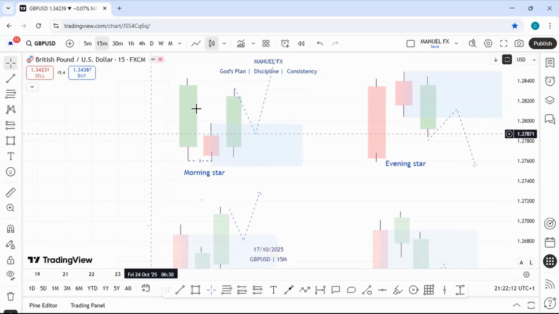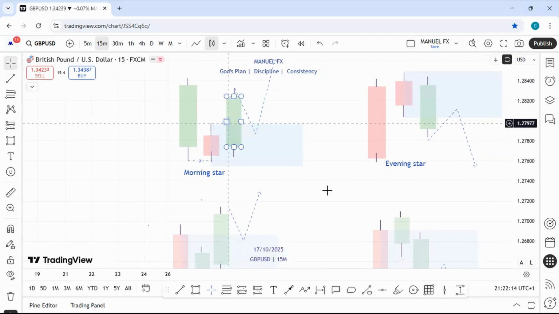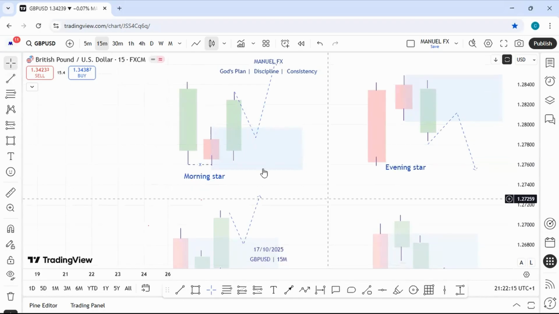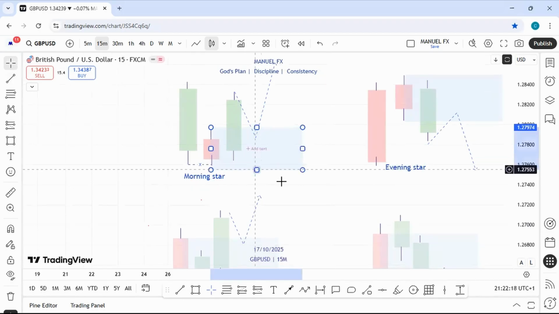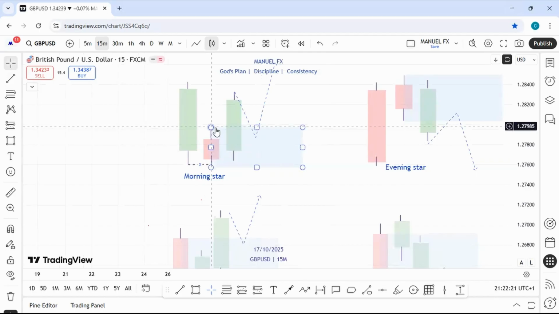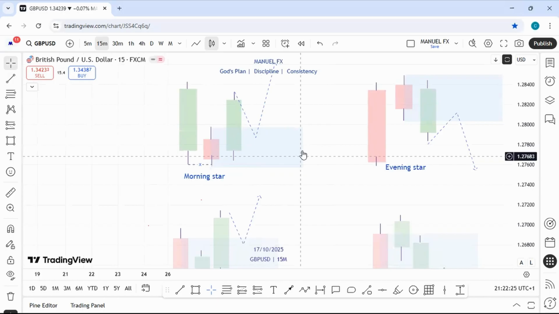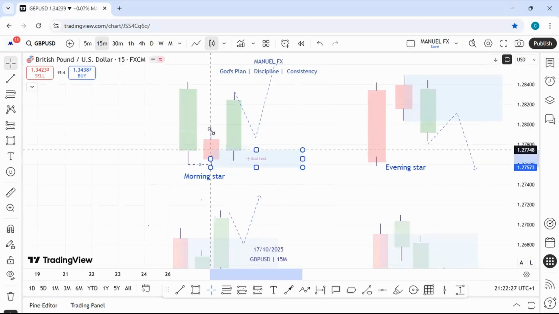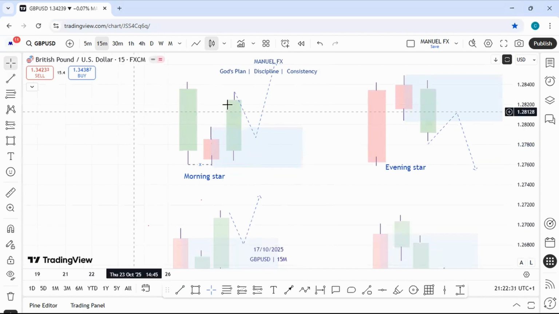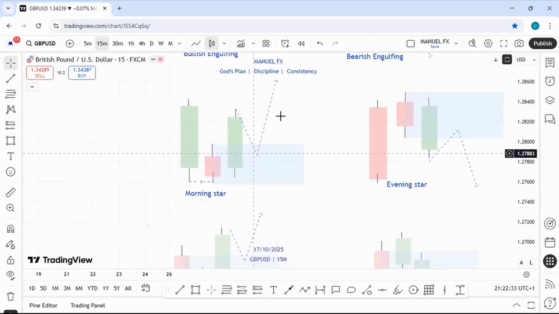So once I see this candle formation, where does my POI become? My POI automatically becomes the whole second candle. So I expect price to come down to it and buy.